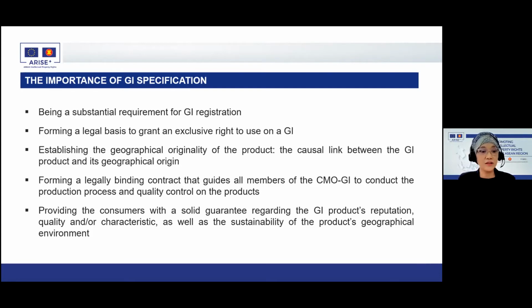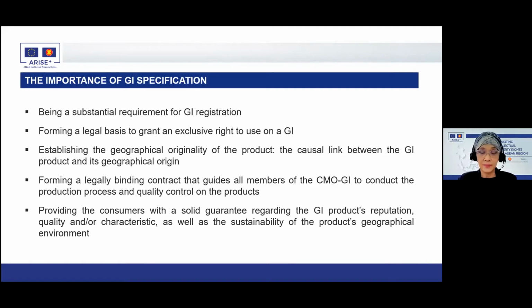And it also forms a legally binding contract among the members of the CMOGI to protect, to implement the production methods, and to conduct a controlling mechanism resulting in the best quality of the products possible.